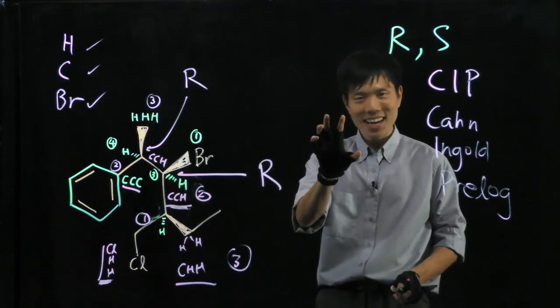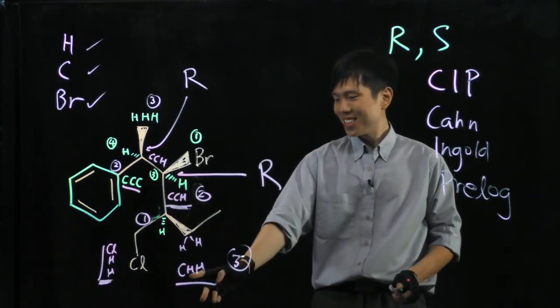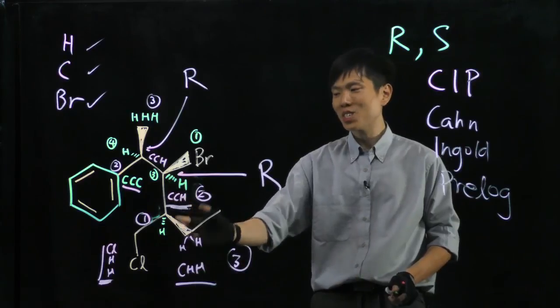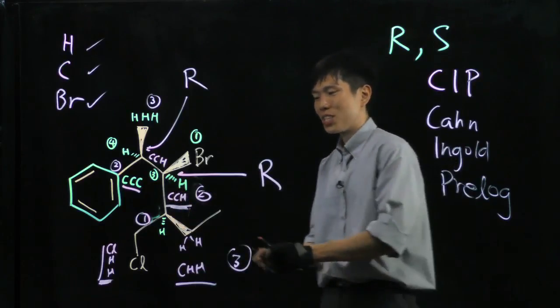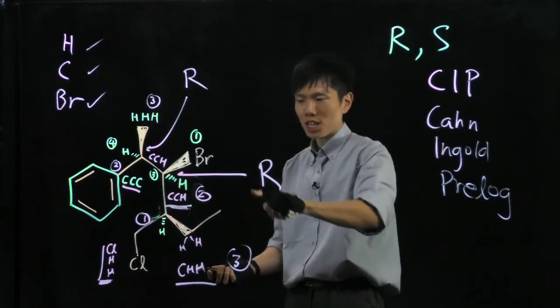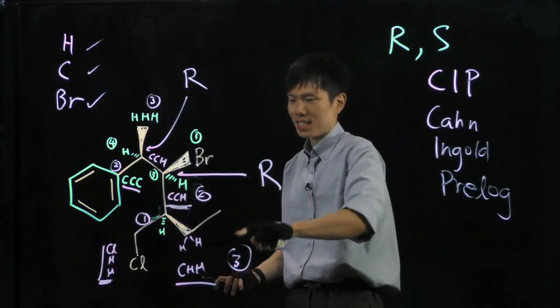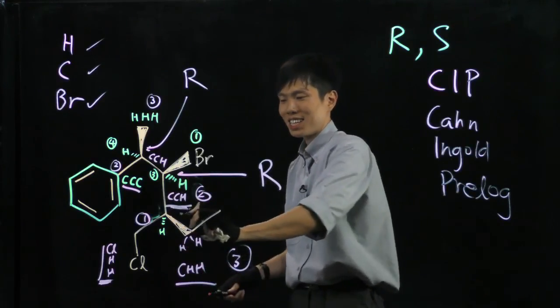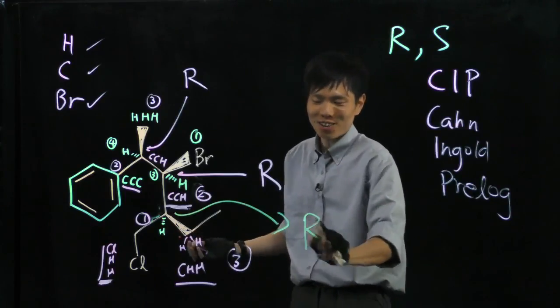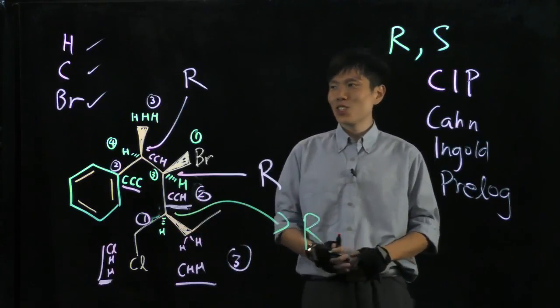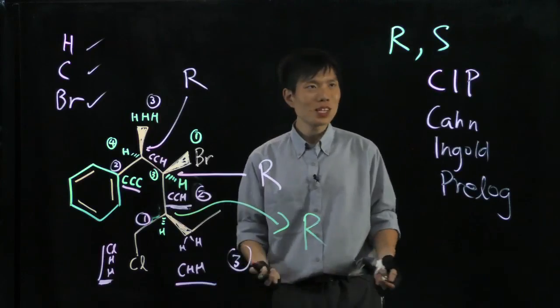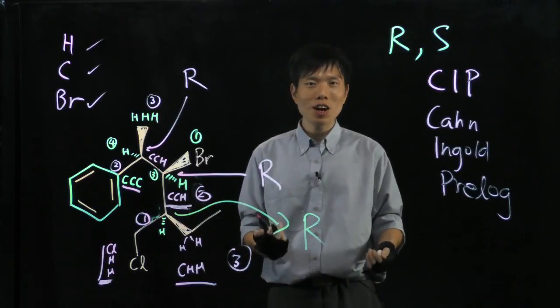You put it out and make it versus your H. Carbon is bigger, so this whole set will win. So now you see 1, 2, 3, it is R. So again, it happens that this is R. I hope that you have learned how to determine the R and S configuration of a chiral molecule.